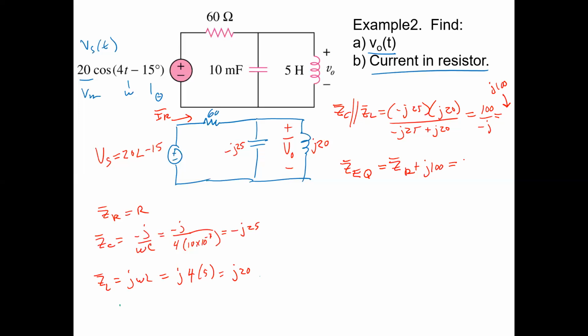So when you take the reciprocal, so 100 over minus J, you want to get the J out of the denominator. So you multiply times J over J. And J times J is minus 1. Minus 1 times minus 1 is plus 1, so that's just equal to 100J.